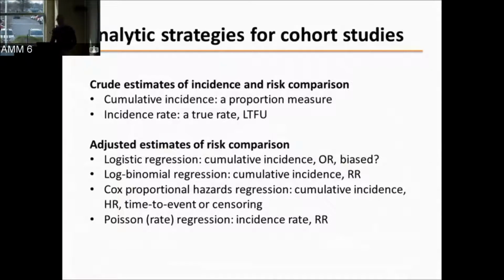But in general, when we're talking about cohort studies, we're doing this because we want to model some new conditions, so incidence. And we can look at cumulative incidence, which is just a simple proportion measure. It's the number of people that have had some outcome over the total number of people at risk for that outcome. It's easy to do.